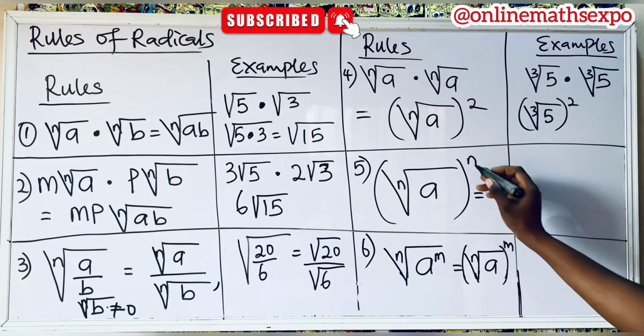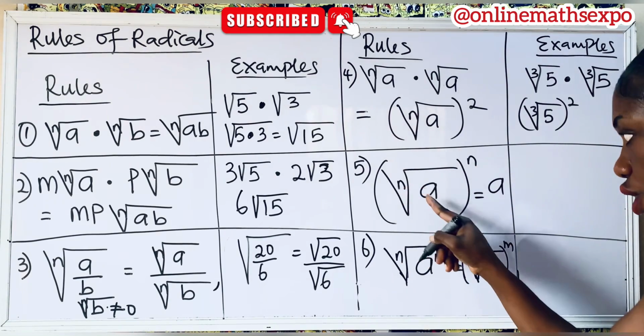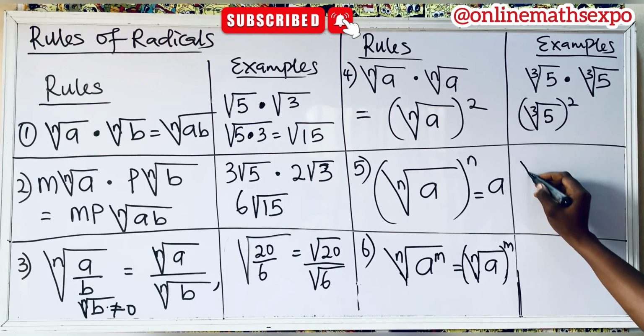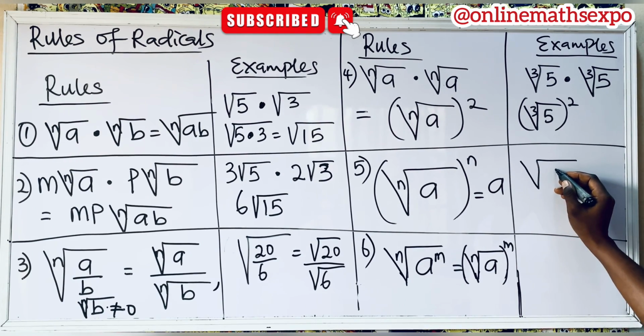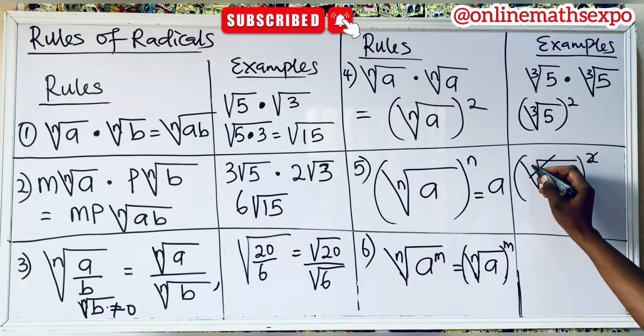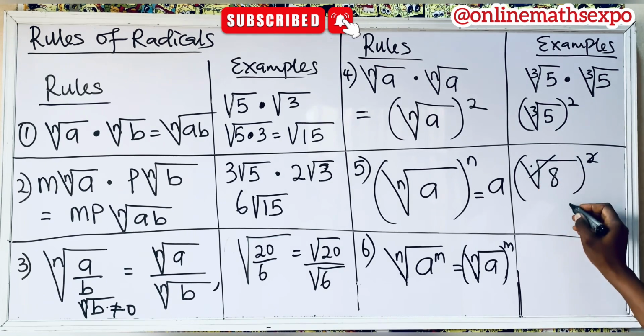So you can just cancel it out, and the power will cancel the root to have the radicand as your answer. So we can have an example if you have the square root of, let's say, 8 raised to the power of 2. These two will cancel because what you have here is an invisible 2, as we have explained earlier, to have 8 as an answer.